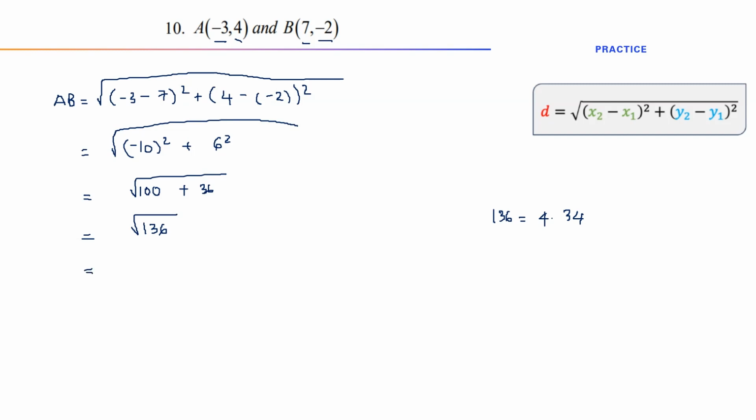So that equals the square root of 4 times the square root of 34, which is 2 square root of 34. Why do we not break down 34? Because even if you break it down, it will be 2 times 17, and those are prime. We cannot take them out of the square root, so we just keep it.